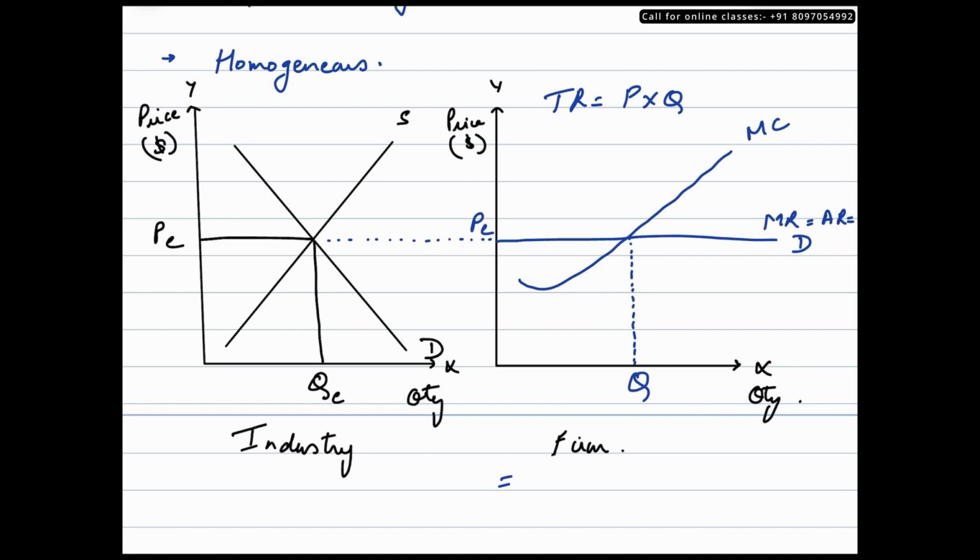So profit maximization was MC equals MR, and another condition was MC cuts MR from below, correct? So this is the point. Let me give it a name again. So let us call it point E. This is the point where MC is intersecting the MR curve, which is the marginal revenue curve, and this is the point where MC is intersecting the MR curve from below.